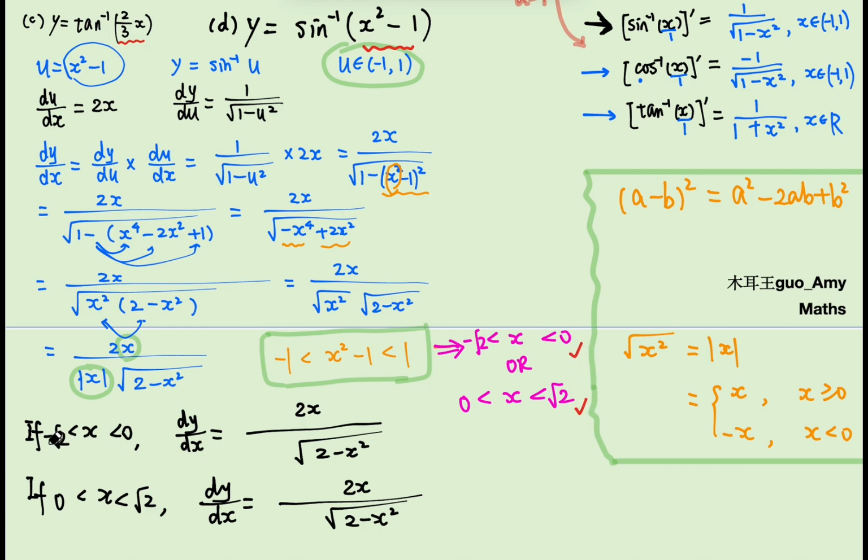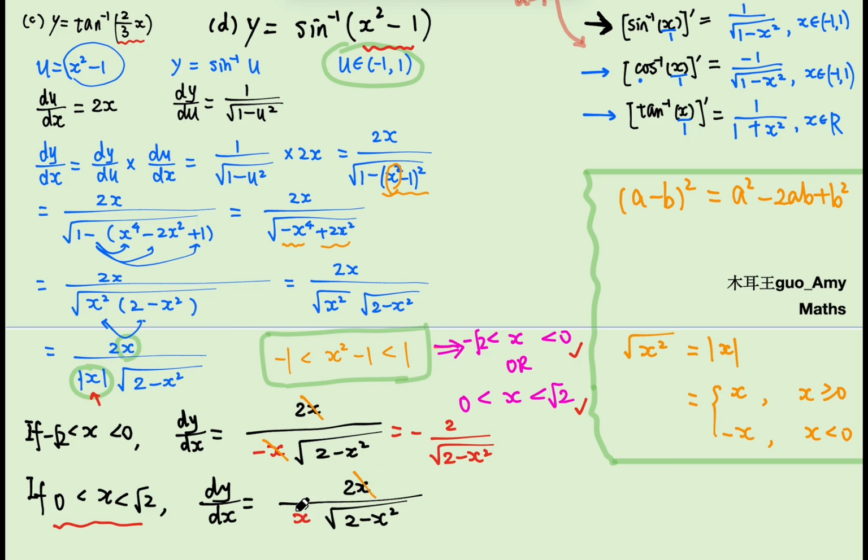When x is between negative root 2 and 0, the absolute value of x becomes negative x. Then cancel out x, and we will have a negative sign in front and 2 over root of (2 minus x squared). When x is between 0 and root 2, the absolute value of x is x.